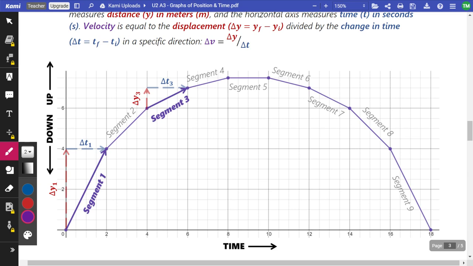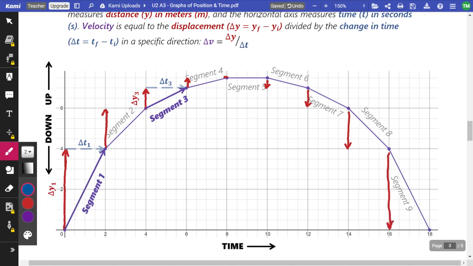So as time goes on, our drone goes upwards a whole bunch, and then upwards a little bit more, and then upwards a little bit more, and then upwards a tiny bit more, and then it stops for a bit until it goes downwards a little bit, and then downwards a little bit more, and downwards a little bit more, and downwards a lot. Okay, all while time goes on.